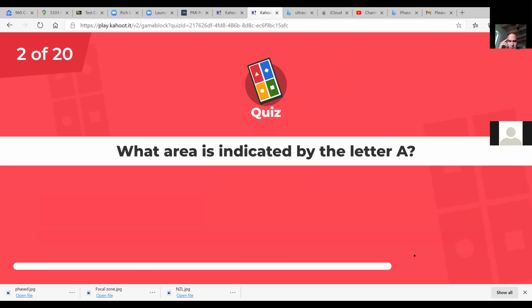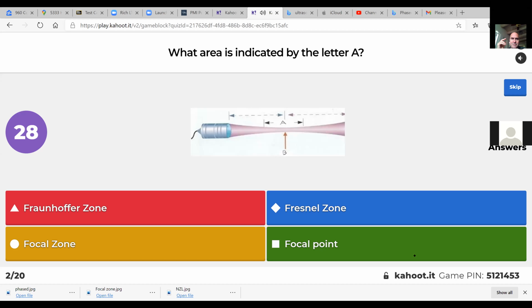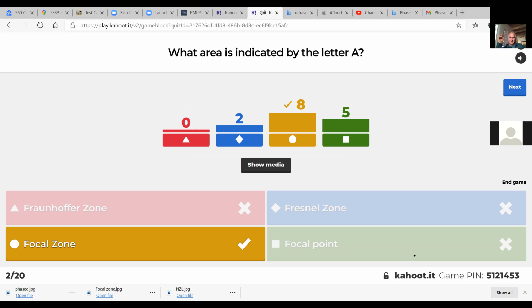What area is indicated by the letter? Most of you got focal zone.